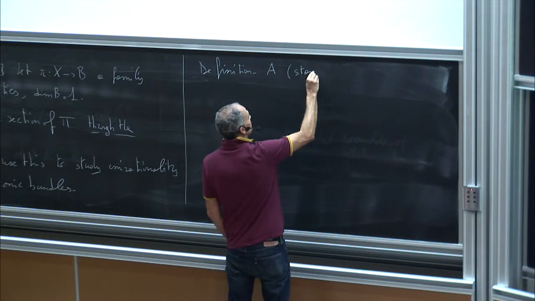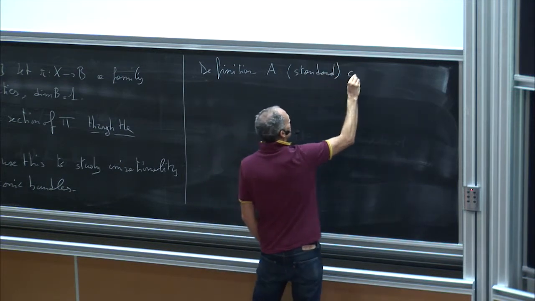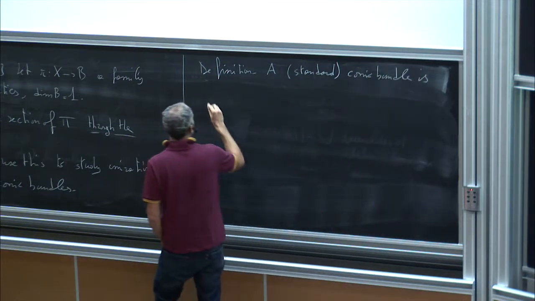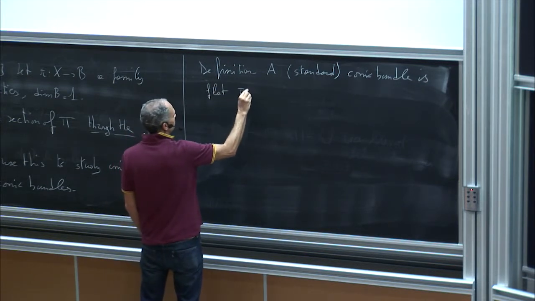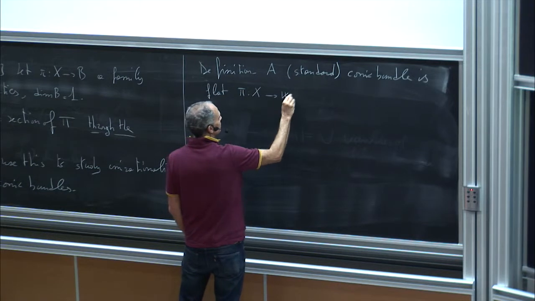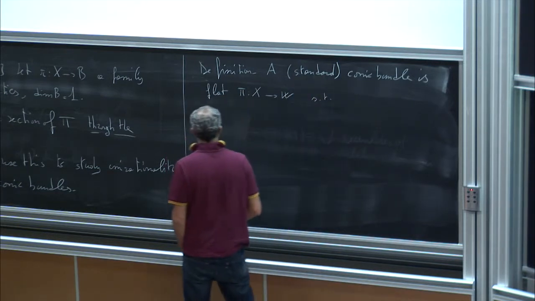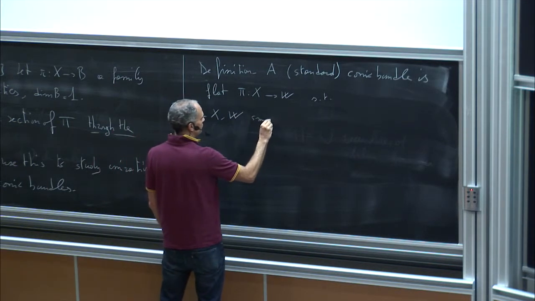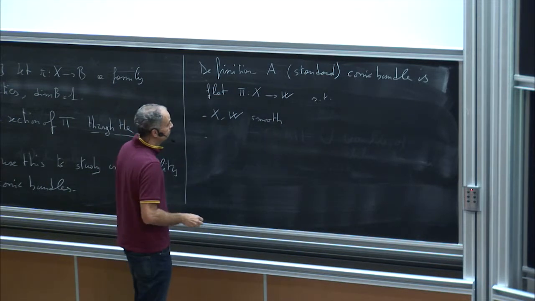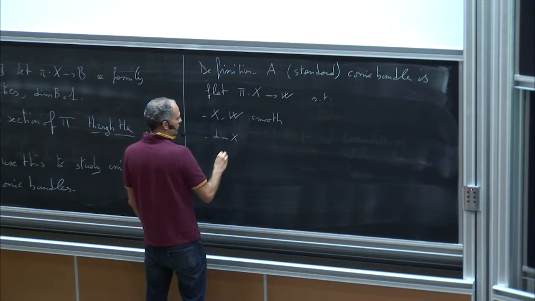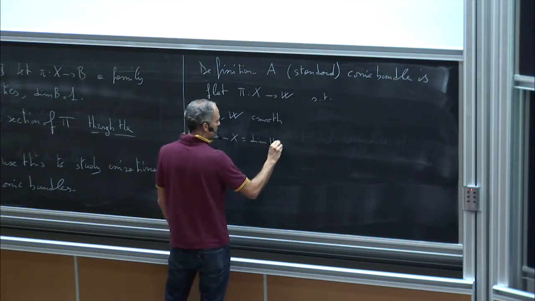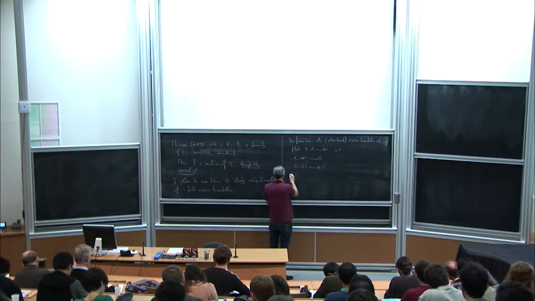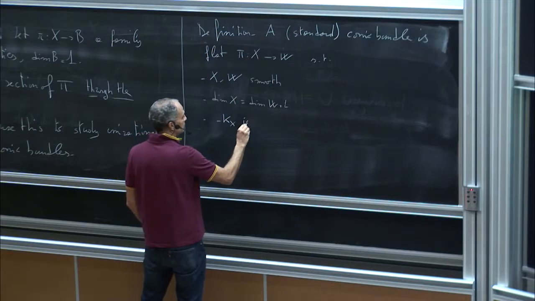So a standard conic bundle is a flat morphism, let's say from X onto W, such that everything is smooth, so both X and W are smooth. The dimension of X is equal to the dimension of W plus 1. So the relative dimension of the fiber is 1. And the anti-canonical class is relatively ample.